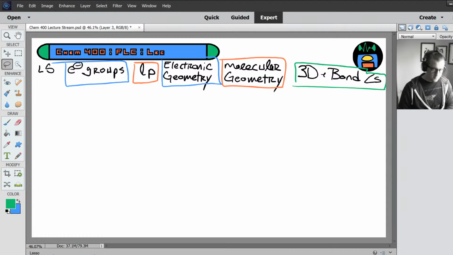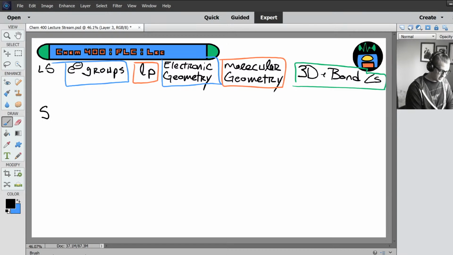Okay, let's look at what happens when we start adding in lone pairs. All right, and for our first example of an octahedron with a lone pair, we're going to look at antimony pentahydride.